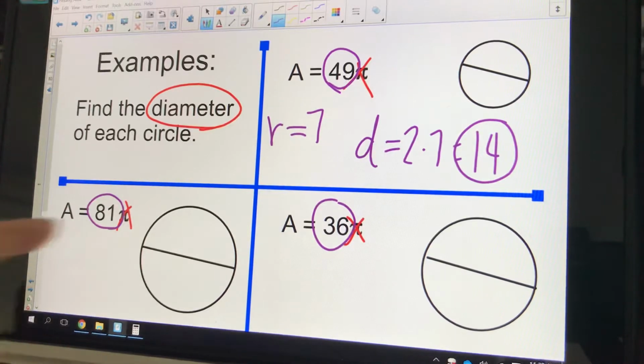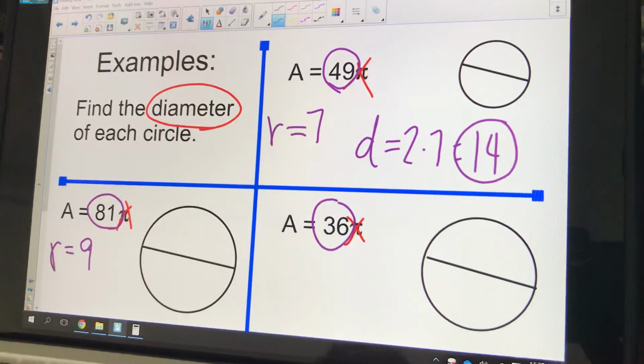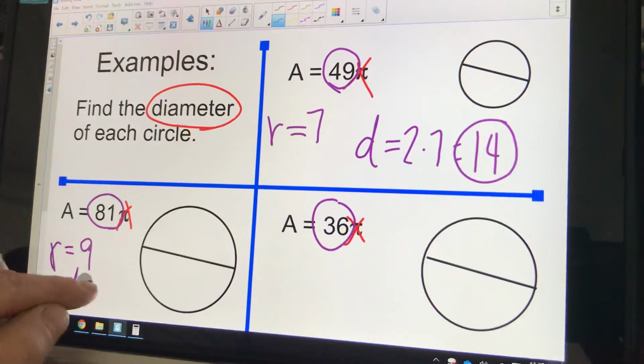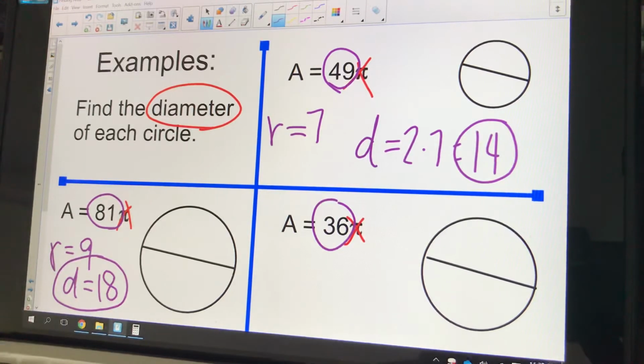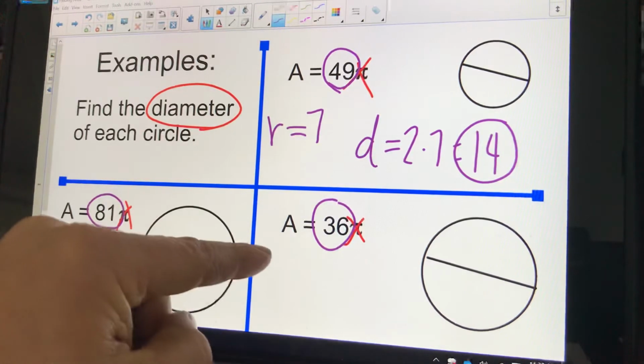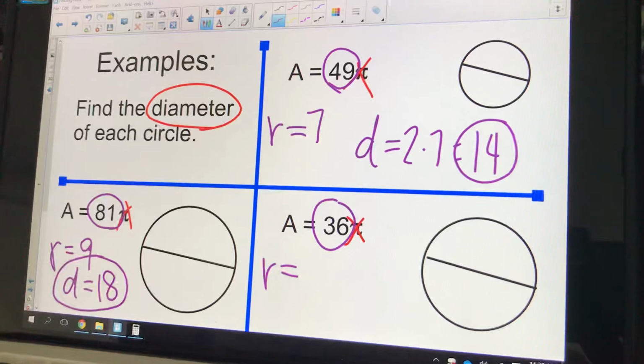Okay, let's go down here. 81. What must they have multiplied to get 81? That means 9, right? The radius is 9. What's my diameter? Now I can double it back to 18. Okay, area equals 36 pi. Some of you have already thought of this one, right? The radius, therefore, is, yep, I heard you say it, 6.